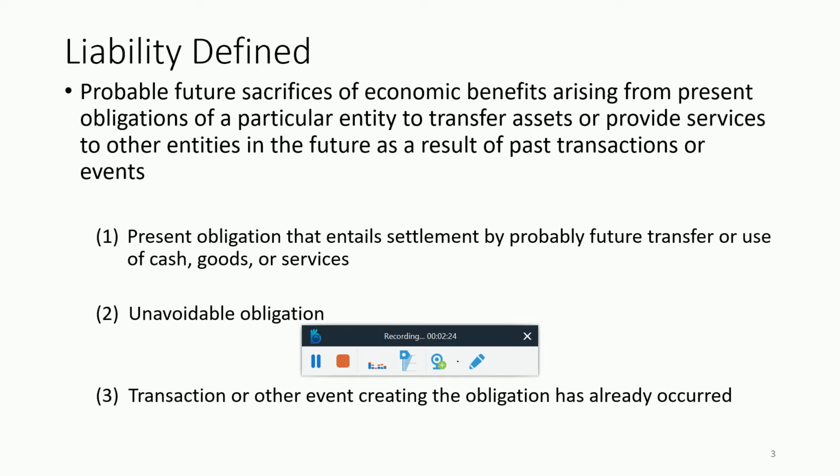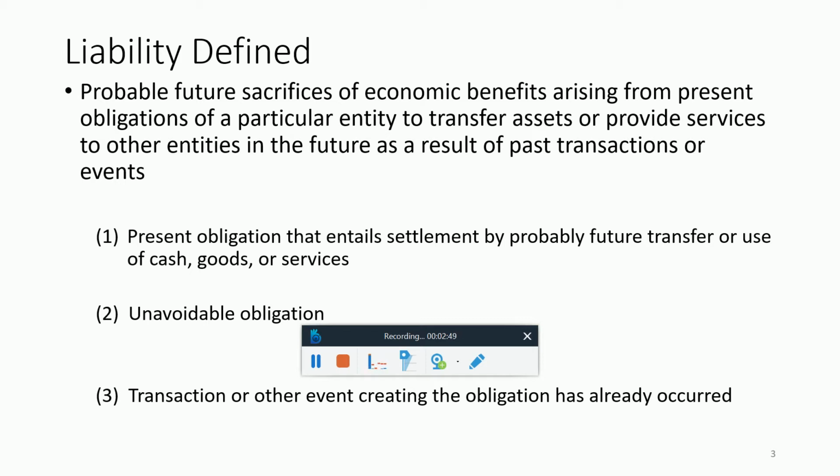Or think about it differently: let's say that a company prepays you a sum of money to provide ongoing maintenance for the next year, right? You're not actually going to be paying out cash in the future, but what you are going to be providing in the future is a service, and that is the ongoing maintenance.